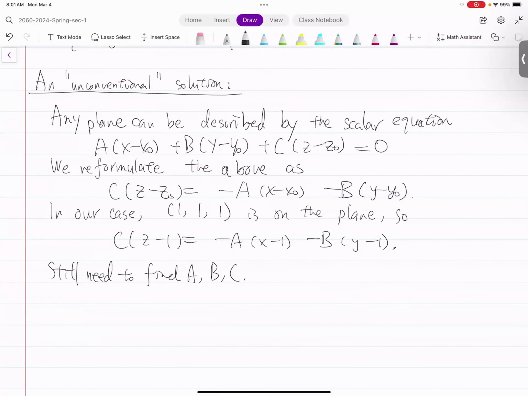So in this plane equation, if we set y equals 1, we have what?